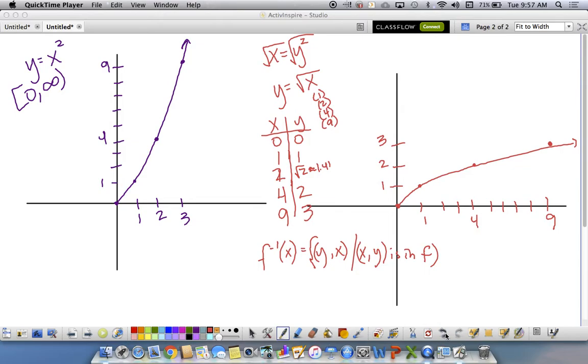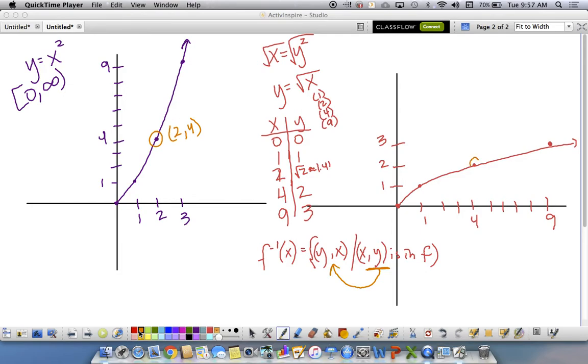Okay, so let's look at this a little bit differently. In my original function, I have the point here that is 2, 4. That is my original function, x y. But in my inverse function, that's translated to a y x.